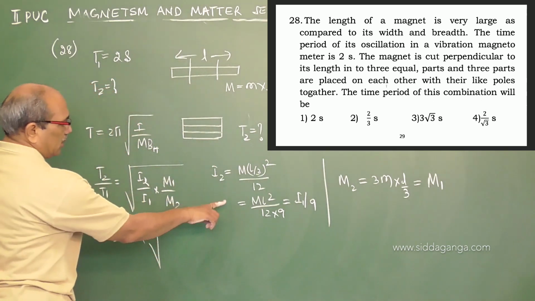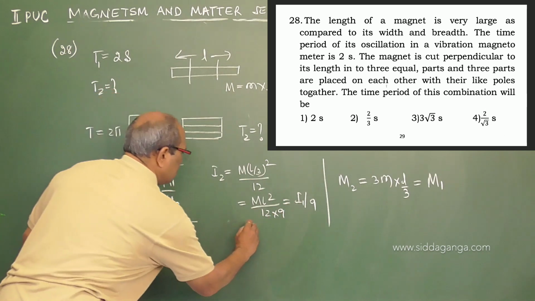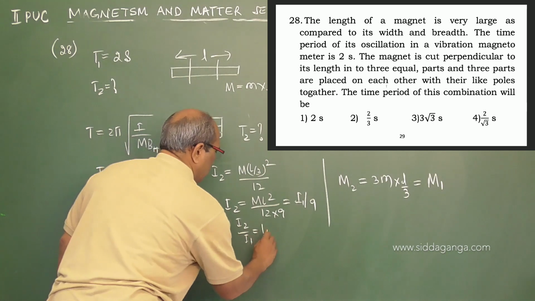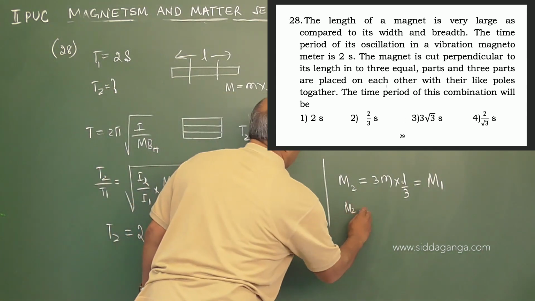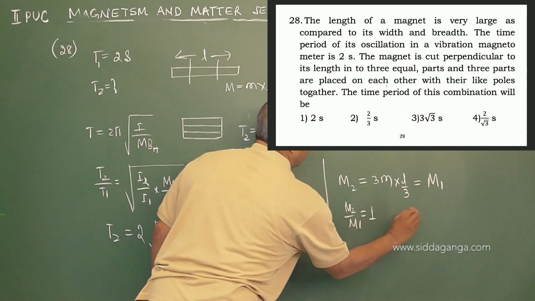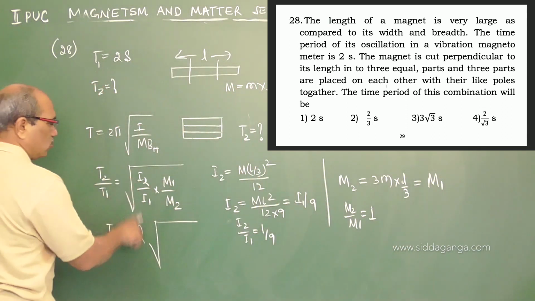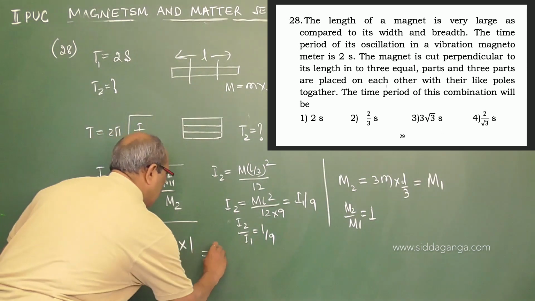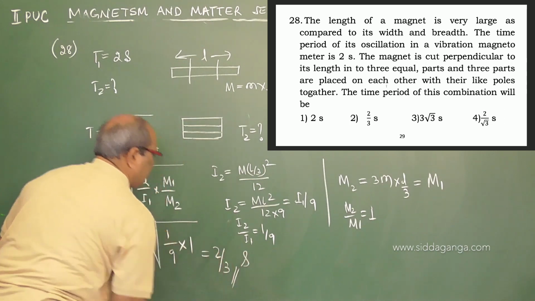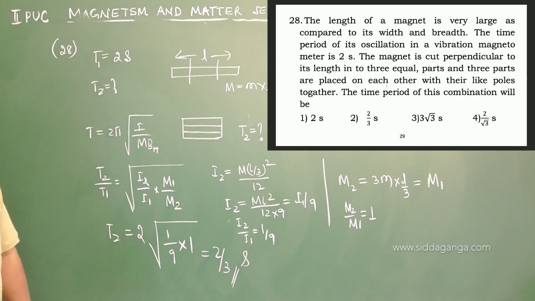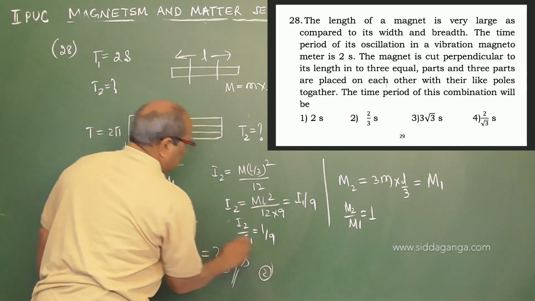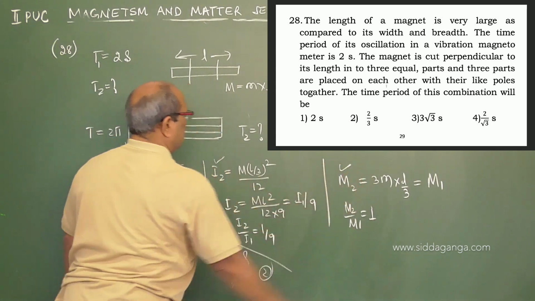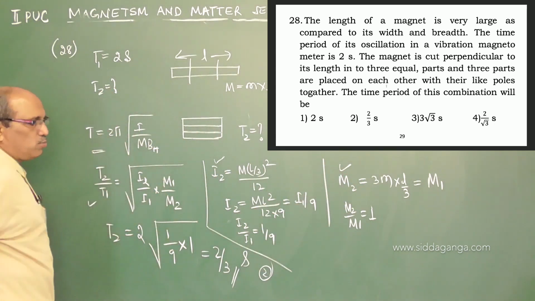Therefore, I2 by I1 is 1 by 9, and M2 by M1 is 1. So T2 is 2 seconds into root of 1 by 9, which I can write as 2 by 3 second, option number 2. So we determined here the new moment of inertia and moment and substituted in this equation to find the value.